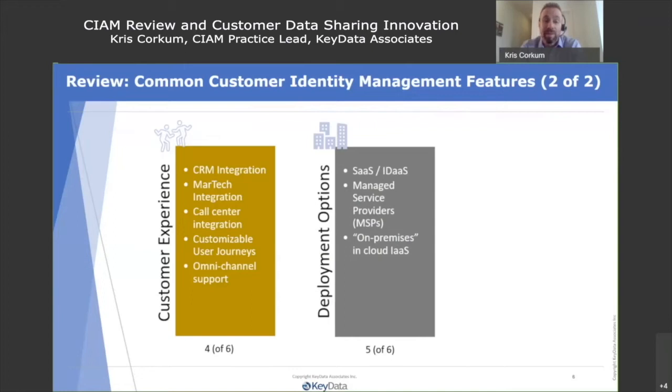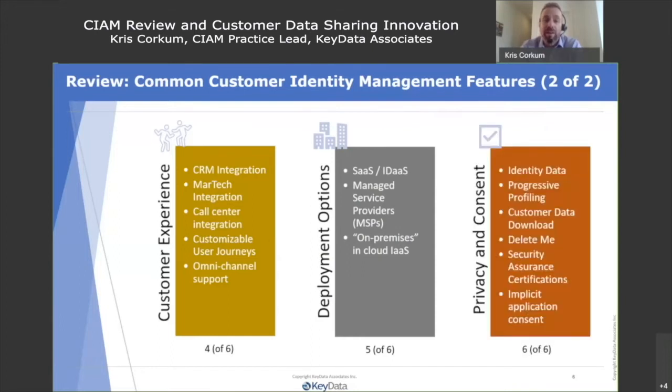And in many cases, solutions are deployed, quote unquote, on premises, which nowadays typically means they're running in a cloud-hosted infrastructure such as Azure, AWS, or the Google Cloud Platform. And finally, privacy and consent is typically focused on the actual identity data that customers share with an organization during registration. And we'll talk more about additional customer data shortly.